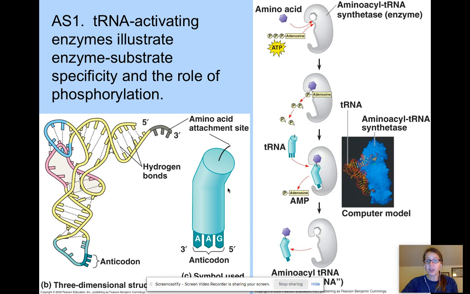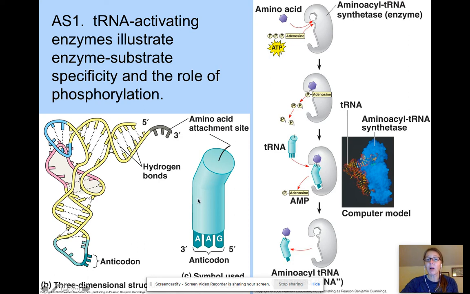Each tRNA will have a specific enzyme associated with it that will only attach the appropriate amino acid to it. These enzymes are called tRNA synthetase enzymes. The longer version is aminoacyl-tRNA synthetase, but you could just go with tRNA synthetase enzymes.